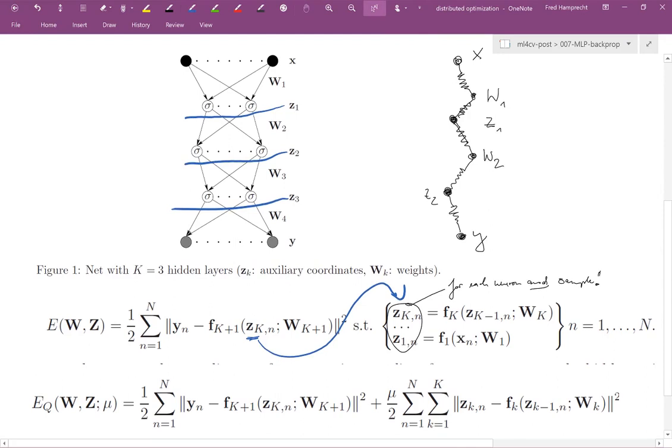And then I look to find an optimum for the system, and for different inputs, I will use the same parameters, but I will have different latent variables.